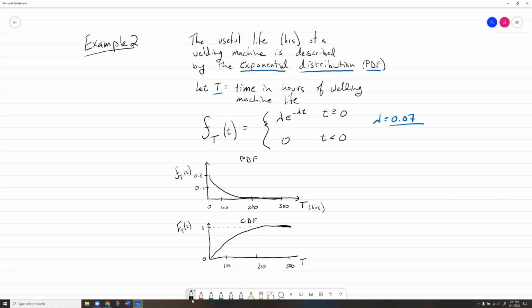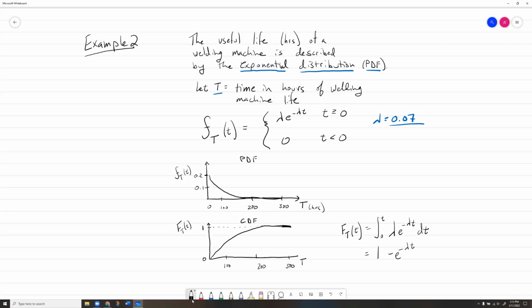So we're given the PDF. We can find the CDF by integrating to a variable t. And the CDF becomes, if you do this integral out, 1 minus e to the negative lambda t.